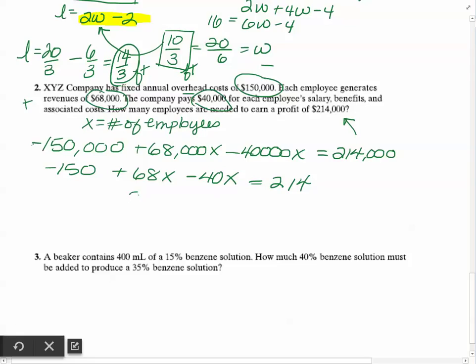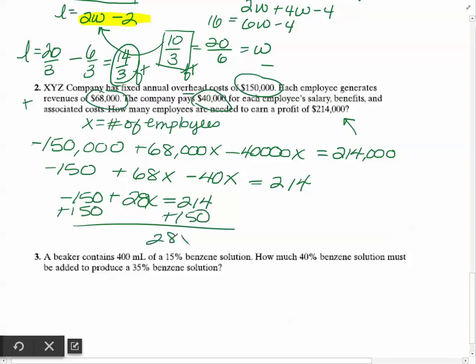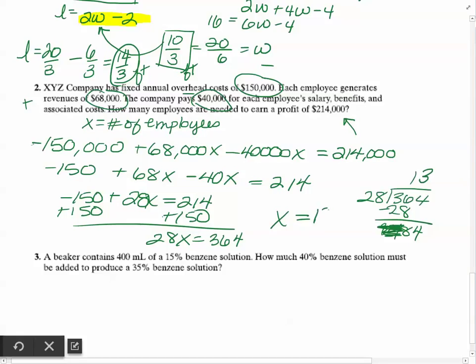All right, so then that's 28x. Negative 150 plus 28x equals 214. Add the 150, add the 150. 28x is equal to 364. Divide. So it's 13 employees.